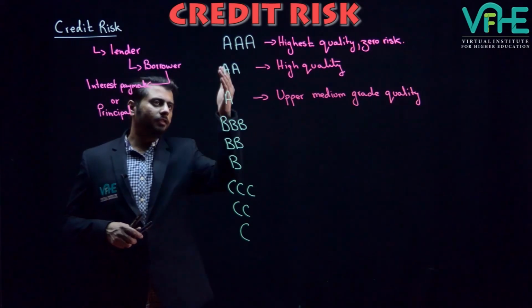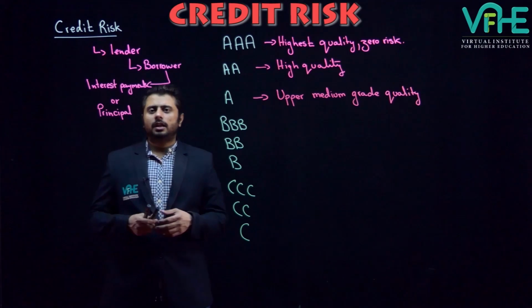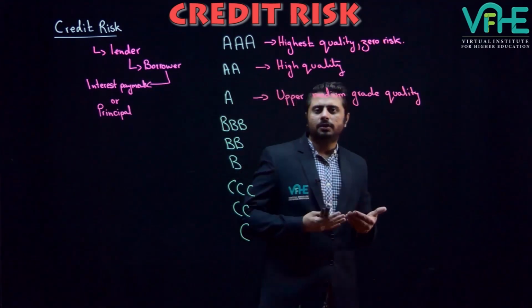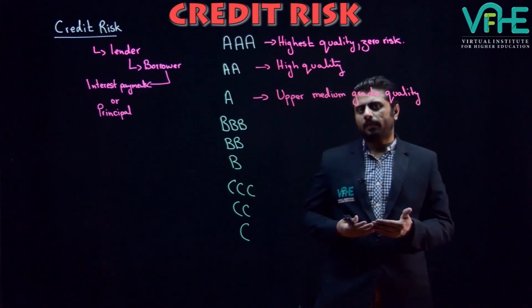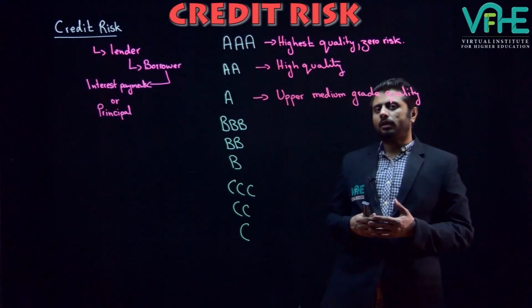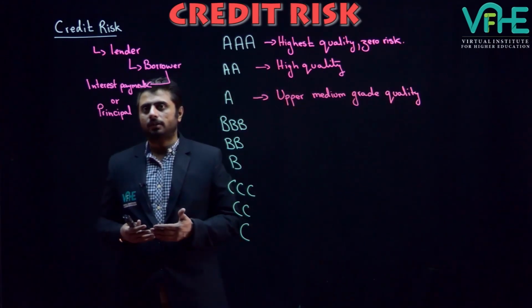So these are different types of ratings which Standard and Poor, one of the credit rating agencies, offers, and on this basis they evaluate a company, where C is the lowest rated company and AAA is the highest rated companies.